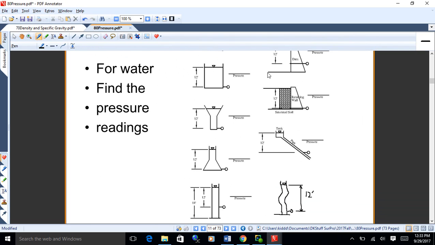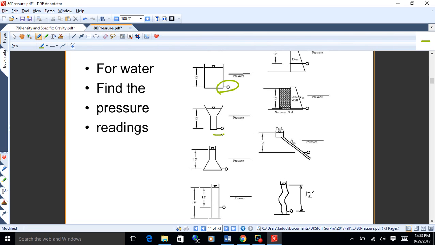Now, on the next page, I've got a number of situations where I'm showing a little pressure gauge. That little symbol means a pressure gauge. I've got 12 feet under the surface of a simple water tank, and 12 feet under the surface of two other, more complicated water tanks and how they're shaped.